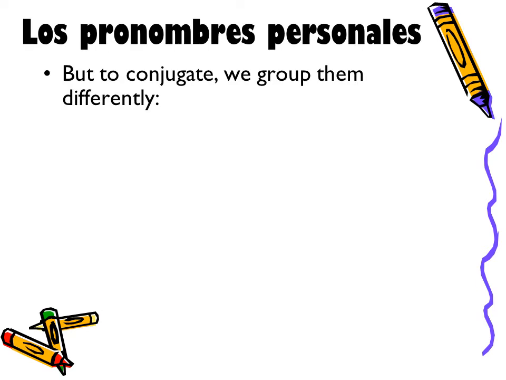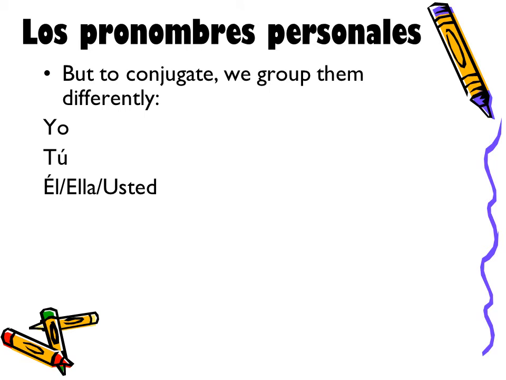Okay, so even though we've learned them like that and arranged them by their meaning, we're also right now going to group them in a different way. We're going to group them differently because when you conjugate, you have to group them by the conjugation form they use. So yo will stay on its own, then we'll have tú on its own.